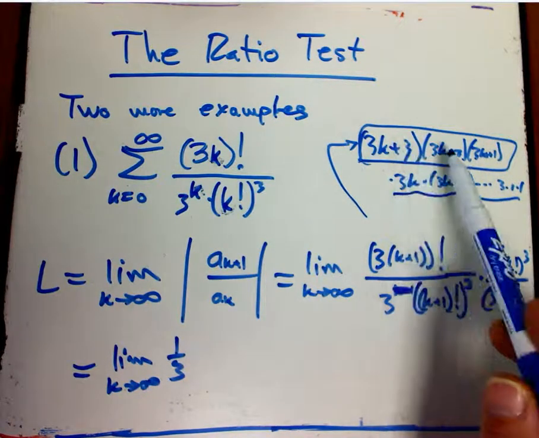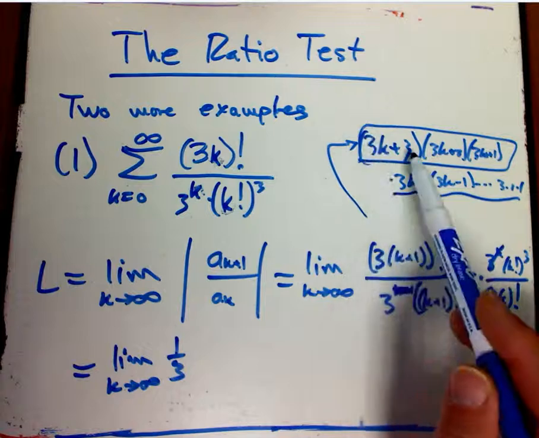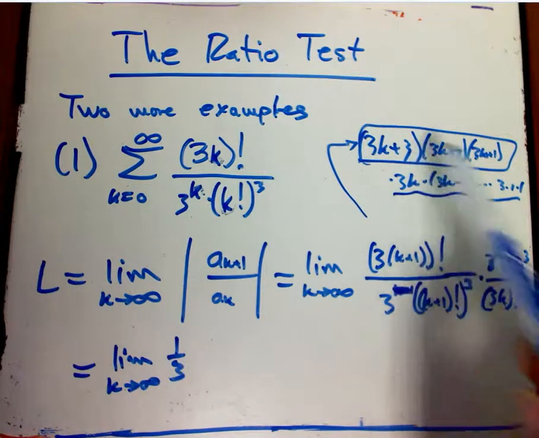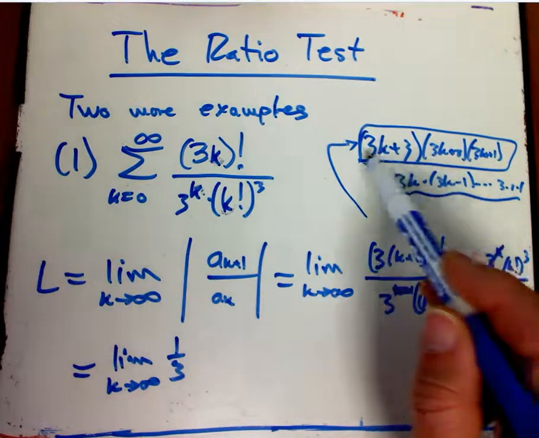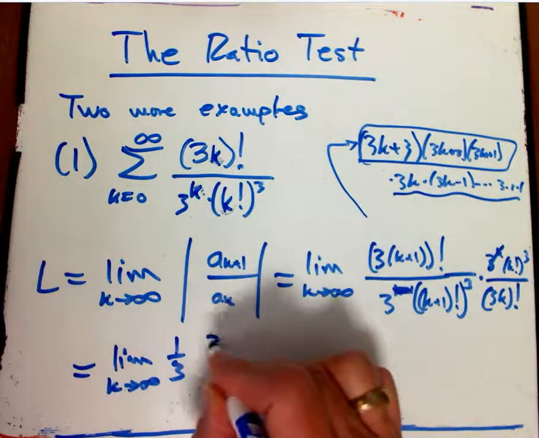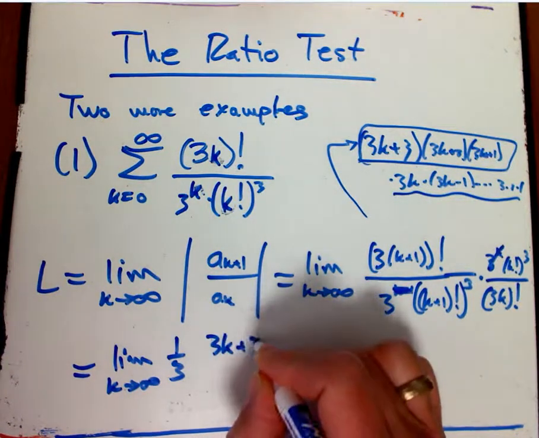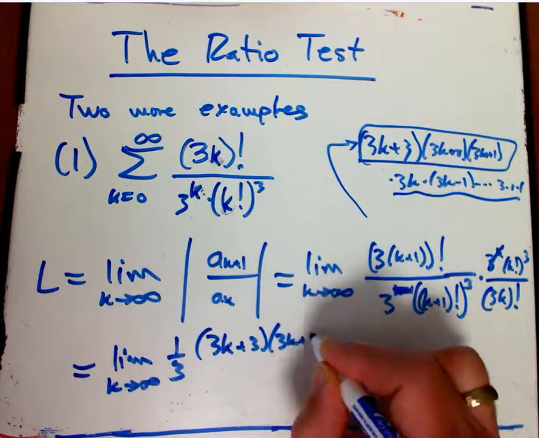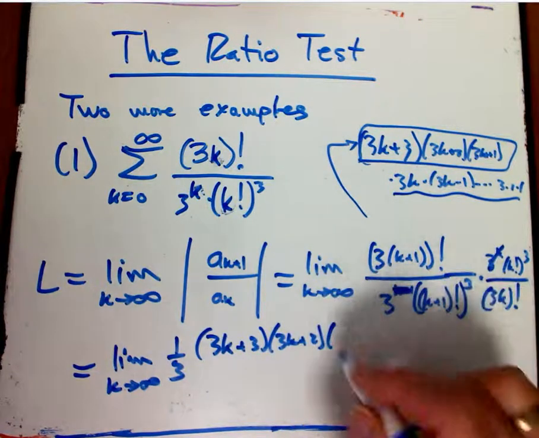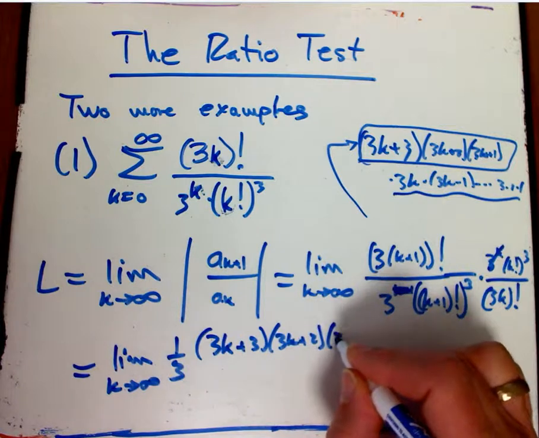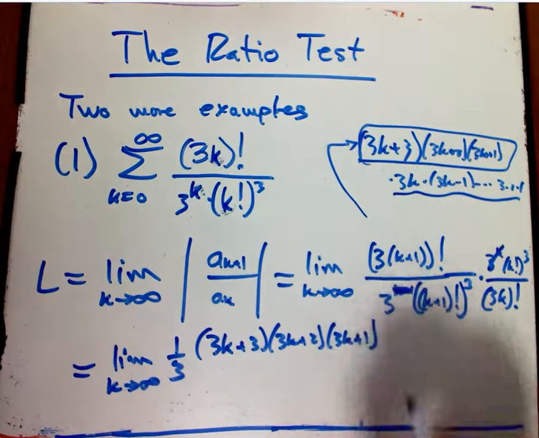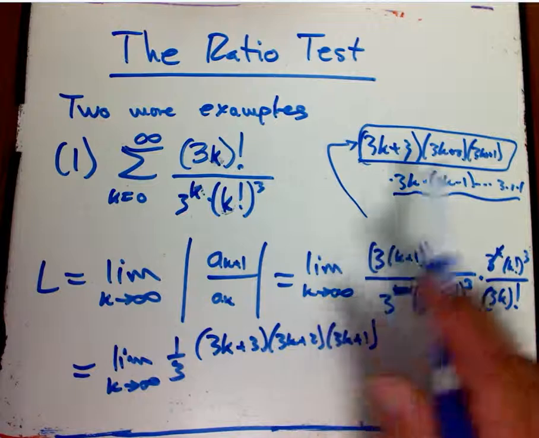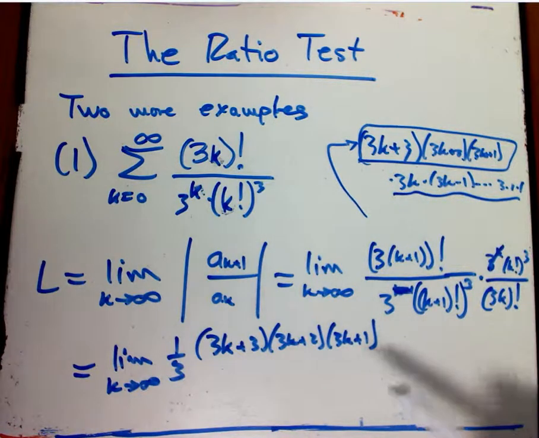So 3k plus 3 factorial divided by 3k factorial is going to cancel down to just this. Any kind of thing with factorials is going to have a feature where you're only going to get a few terms left. But if you've got things like doubling and tripling inside, which is not super uncommon in applications of the series, you have to be really careful about exactly what cancels and what doesn't.